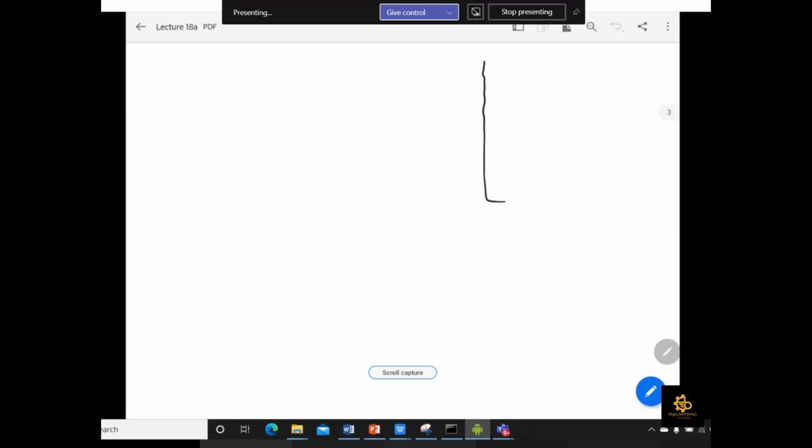Starting from the TS diagram for the ideal Brayton cycle, I will quickly draw the TS diagram.